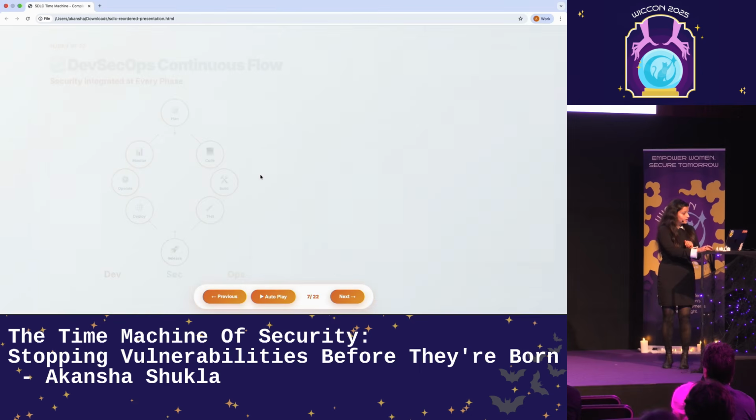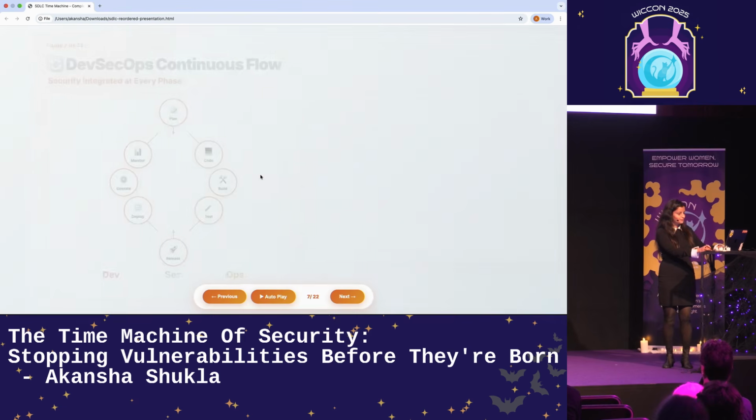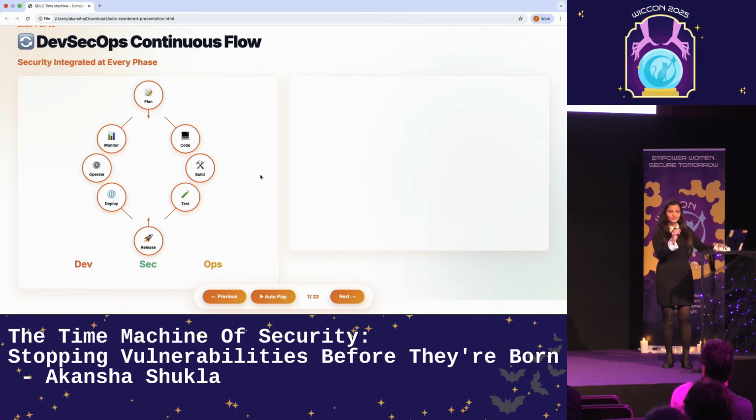And for a real success, I would say GitHub already has autonomous detection of secrets. If there is any hard-coded secret in the code, it gets triggered instantly. So it is a real-world success we have of shift left. I tried to make it a circular integration motion.